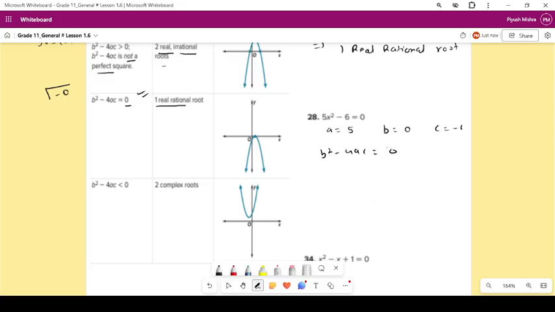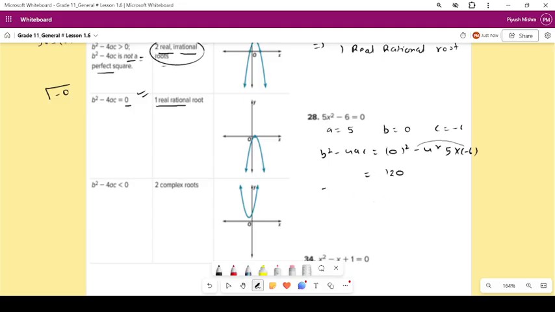So b is 0 square minus 4 into a is 5 and c is minus 6. Solve it further. Minus and minus will give you plus. So 4 5s are 20, 20 times 6 is 120. So it is coming plus 120, and this is not a perfect square. So I will be using this one. So this is our answer.